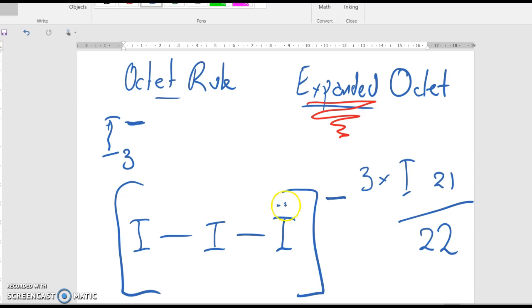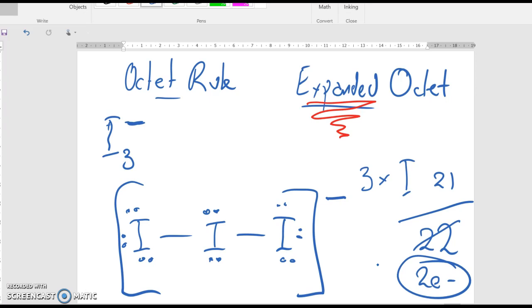4, 5, 6, 7, 8, 9, 10, 11, 12, 13, 14, 15, 16. And then I'm going to chuck the remaining ones, 17, 18, 19, 20. So I've now used up 20 of those, and I've got 2 electrons to go. And the only way to put those electrons in there would be to expand the octet, to end up with an atom with more than 8 electrons.